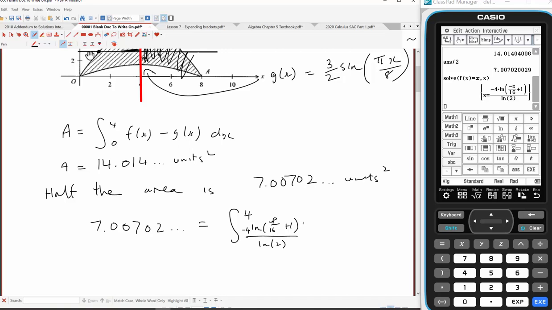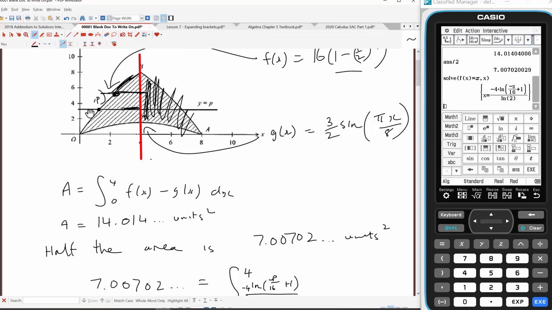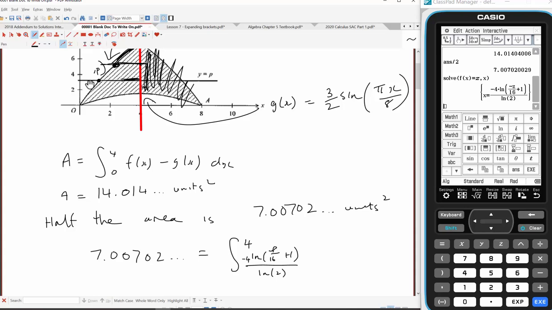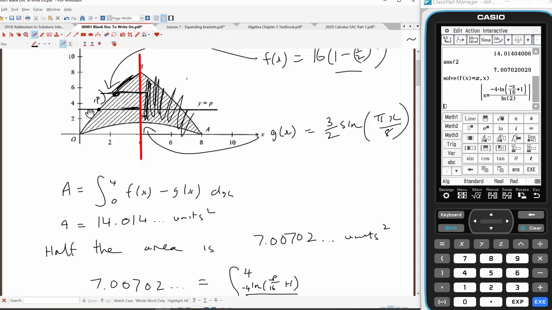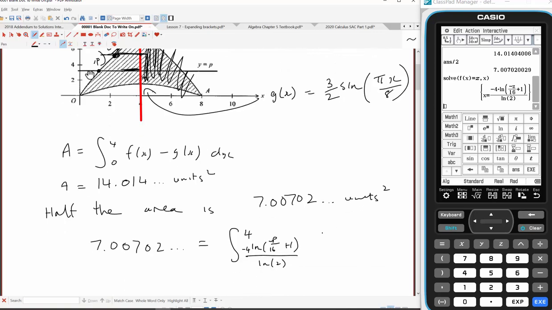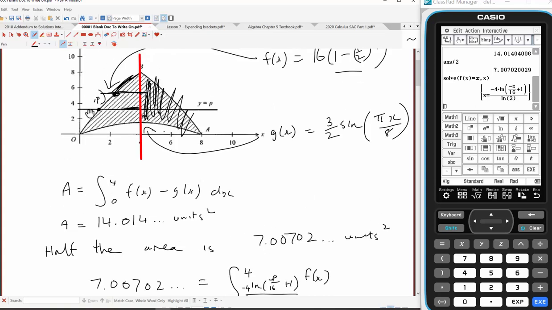All right, now, so they're the terminals between 4 and a value that I don't quite know yet, somewhere along this x-axis here, and where it's going to be will relate to the p-value, whatever the p-value is. Now the area is going to be, the top function is f of x, and our bottom function is the line y equals p.